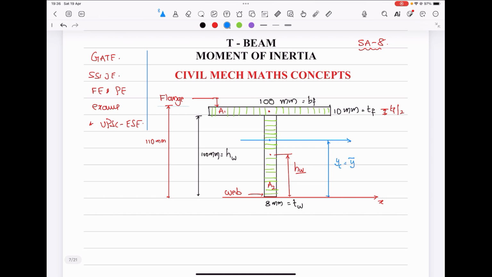M by I is equal to sigma by y is equal to E by R, where sigma is the applied stress, which can be found from the formula sigma is equal to M y by I, where I is the critical component. This is moment of inertia, or it is called the second moment of area.